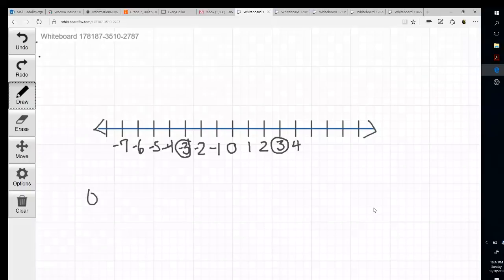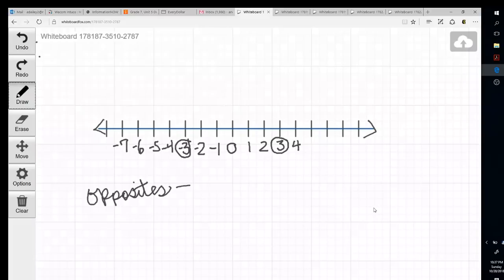Opposites are one of our key vocabulary for this unit. Opposites are two numbers that are equally spaced from 0 on opposite sides of 0. That's why they're called opposites.